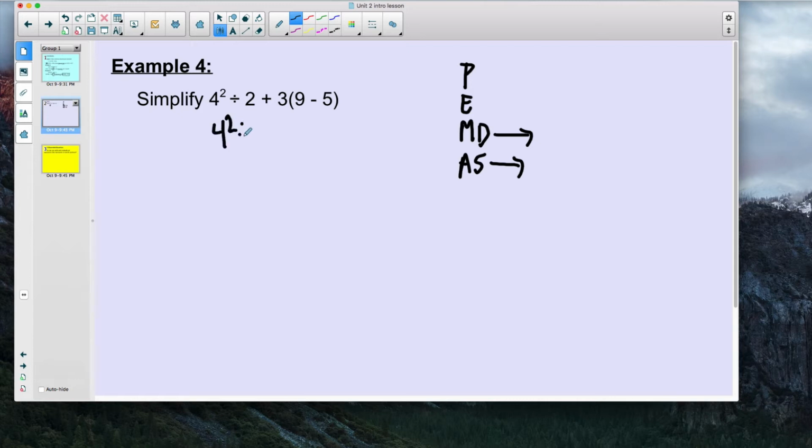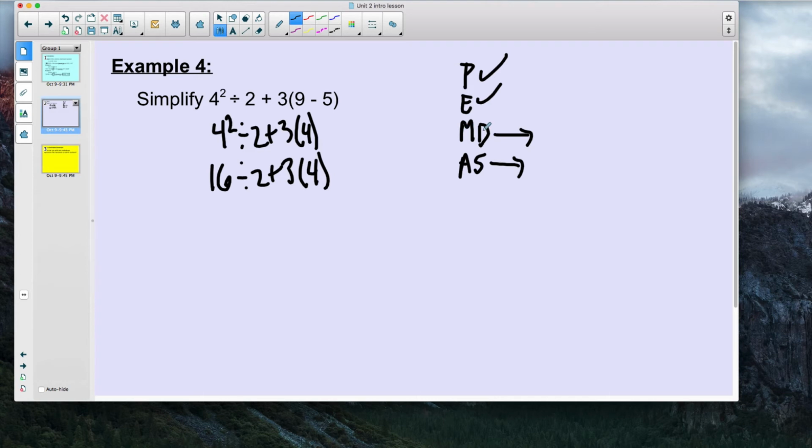Bring everything else down, keep things organized. 3 times 9 minus 5 is 4. So parentheses done. Exponents, let's do that next. 4 to the second power. Remember, not 4 times 2. It's 4 times itself. The exponent tells me how many times to multiply the base. So 4 times 4 is 16, divided by 2 plus 3 times 4.